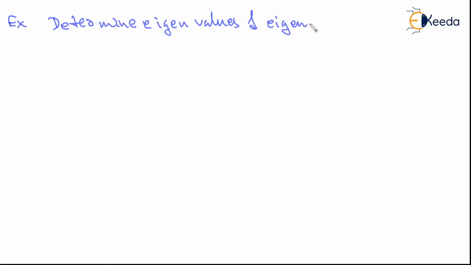So let's see one example and we'll understand what it is. Determine eigenvalues and eigenvectors for A equal to [-5, 2; 2, -2].